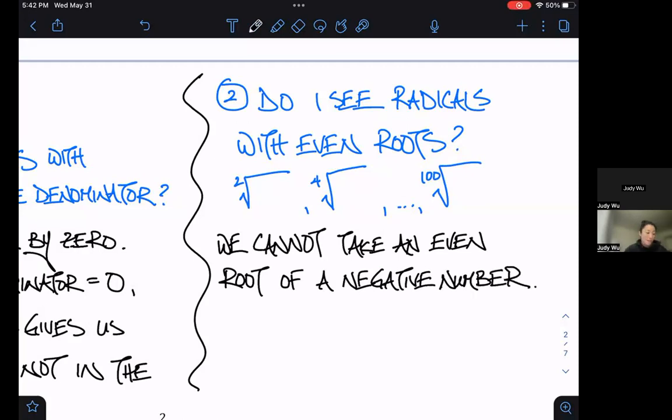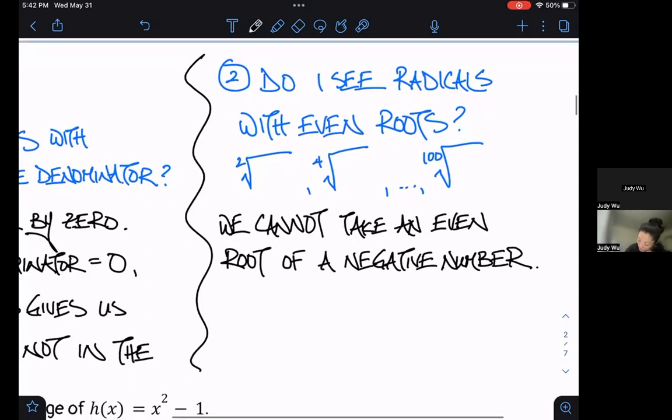If we tried to take like the square root of -4, and we put that into our calculator, it would give us an error. Okay, and in fact, those are something we call imaginary numbers. But when we're looking at these, we want to look at real numbers. Okay, so we cannot take an even root of a negative number.